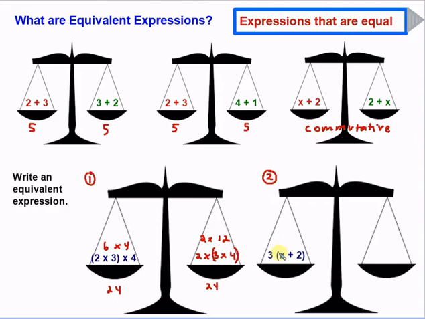Well, how about this one? Number 2 says 3 times (x plus 2). This should also remind you of a property that we dealt with very recently. Do you remember what that property was? It was the distributive property. And remember, if we want to use the distributive property, we're going to distribute our 3, or our number outside the parentheses, to both of the numbers inside the parentheses.